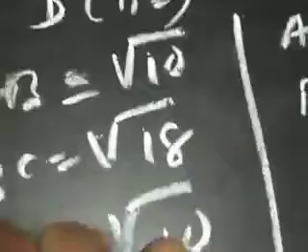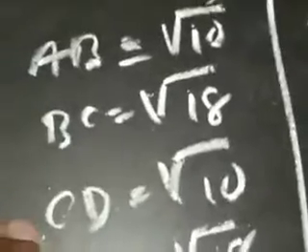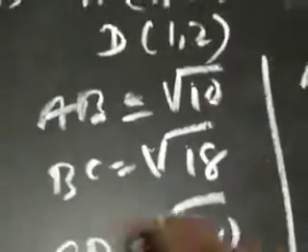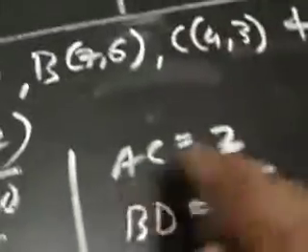You see AB and CD are both equal, and BC and DA are also both equal. So we write AB is equal to CD and BC is equal to DA. But the diagonals are not equal, so AC is not equal to BD.